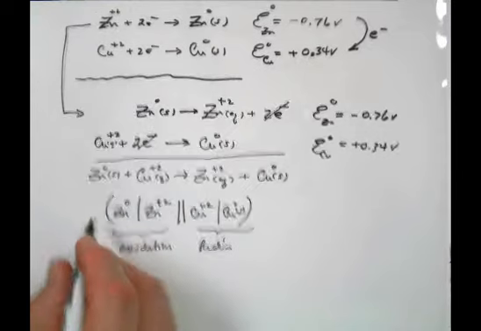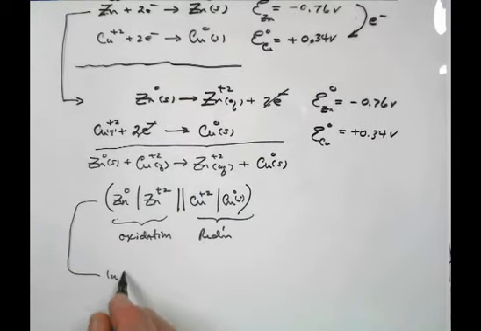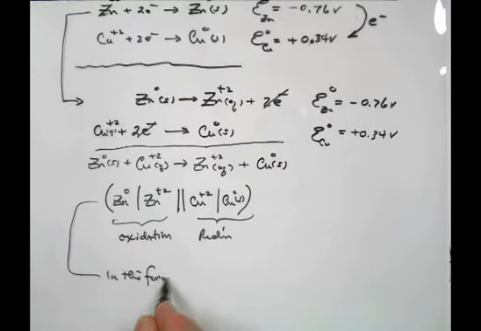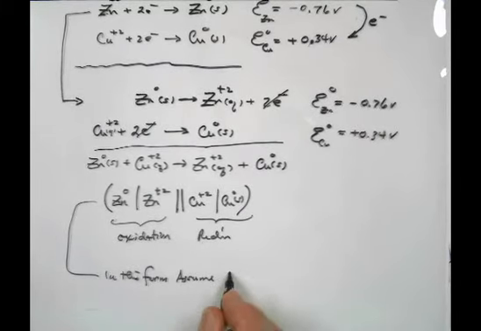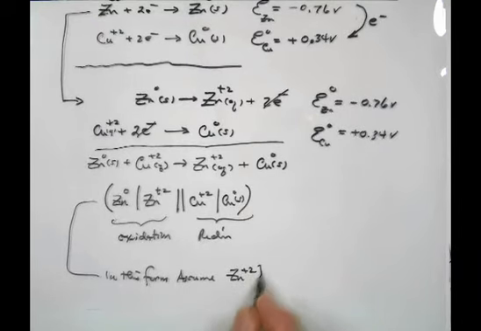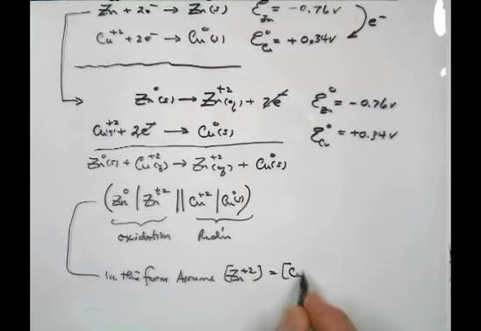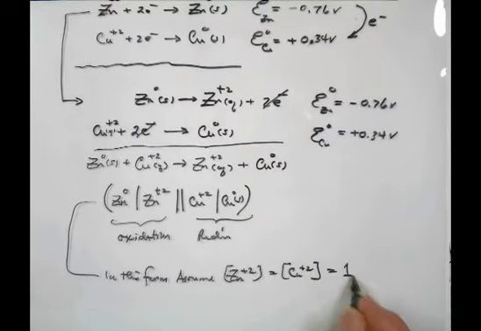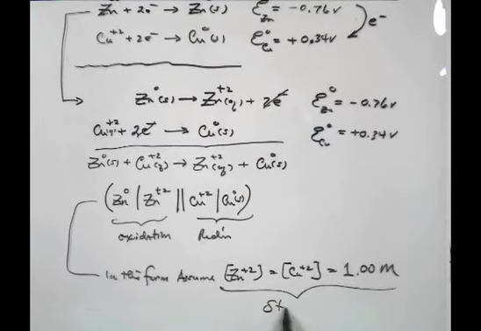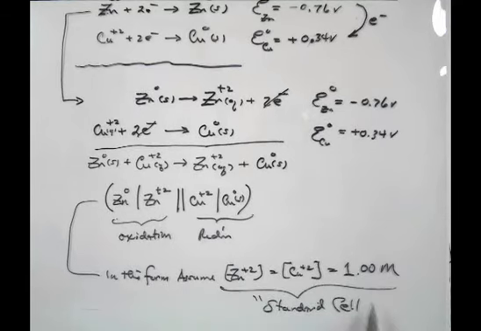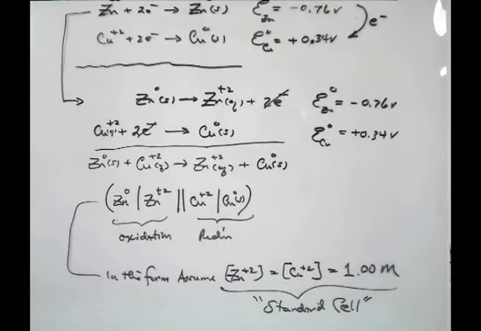So in this form, assume zinc plus 2 concentration equals the copper plus 2 concentration, and it's 1.00 molar, and that's called the standard cell. Just a term, okay? But it implies the existence of a 1 molar.